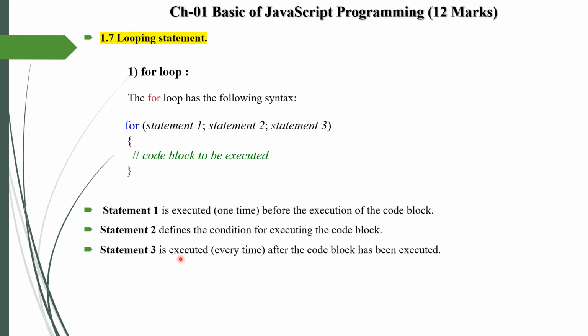And statement 3 is executed every time after the code block has been executed, meaning after execution of the code, this statement is executed. In this we write an increment or decrement operator. In the example we will clearly understand statement 1, statement 2 and statement 3. We already studied this loop in Java, C++ and C also, so it is easy to understand.